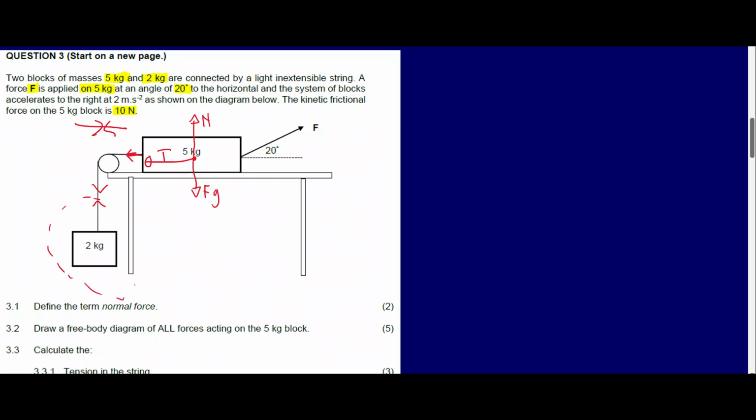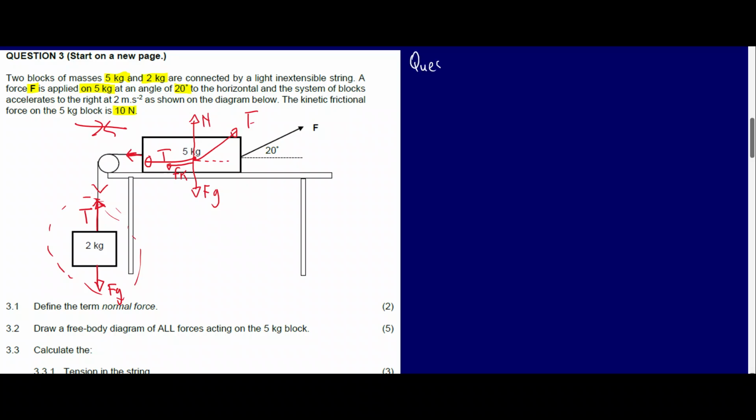So this is our tension, and when you cut the rope, this one is a system on its own, so it has its tension force pulling it up. So this is T, and then this is FG, which is going down. Here we're just going to have the force F with its angle, of course, and the kinetic frictional force, Fk.